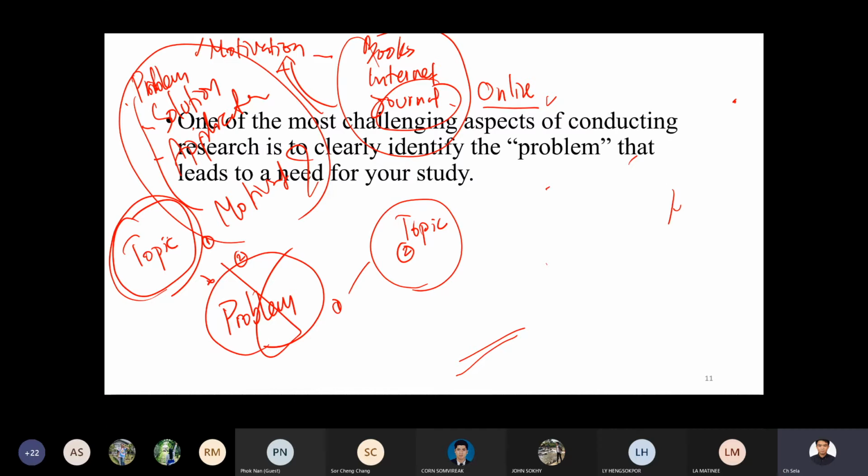Your topic is motivation, and then you find the problem because you have a lot of solutions and implications. These you can write in your chapter 2, the literature review. The problem goes in chapter 1, and from the problem you make the research objective. Then chapter 3 is the research methodology, and in chapter 4, after you do the research, you get the result.